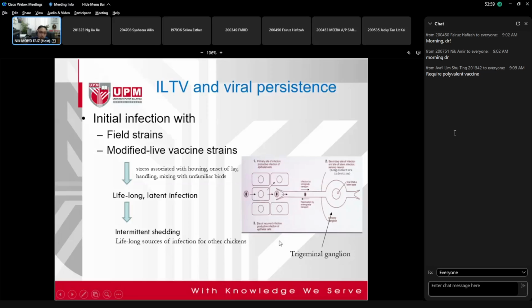Okay, quiz. In humans, what herpesvirus are you infected with now? Are you latent? Tahu tak? All of you actually most likely have herpesvirus in your body. What herpesvirus is that?